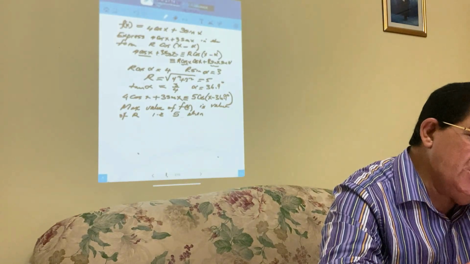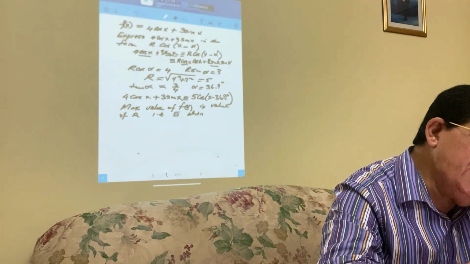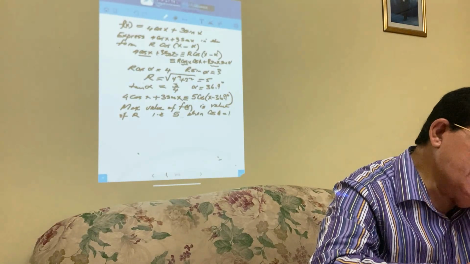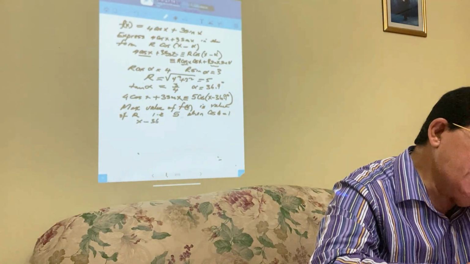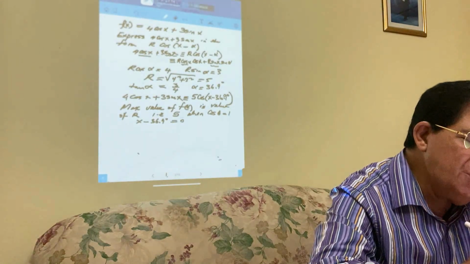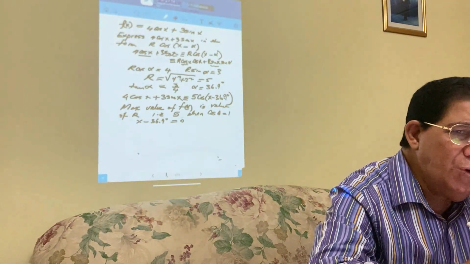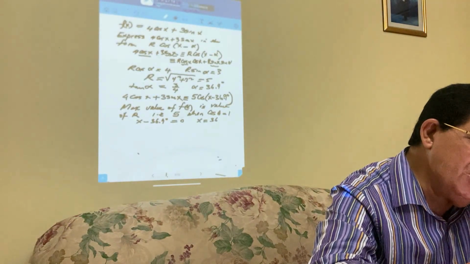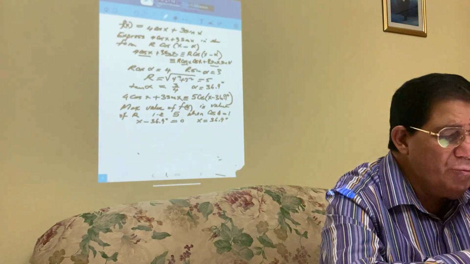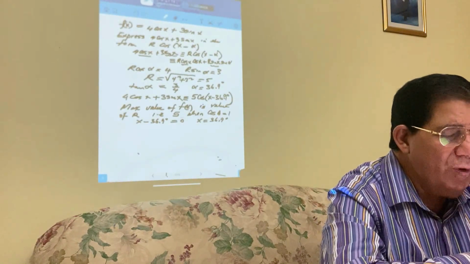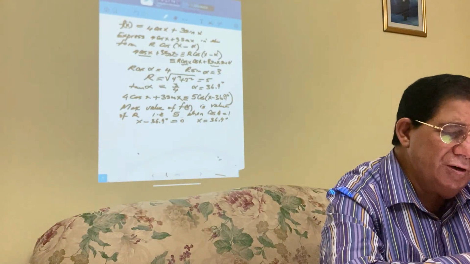The cosine has the greatest value when the cosine is 1, when theta is 0. So x minus 36.9 degrees equals 0. Yes, when x equals 36.9 degrees, which is the same conclusion we had before. The maximum value is 5 when the angle is 36.9 degrees.